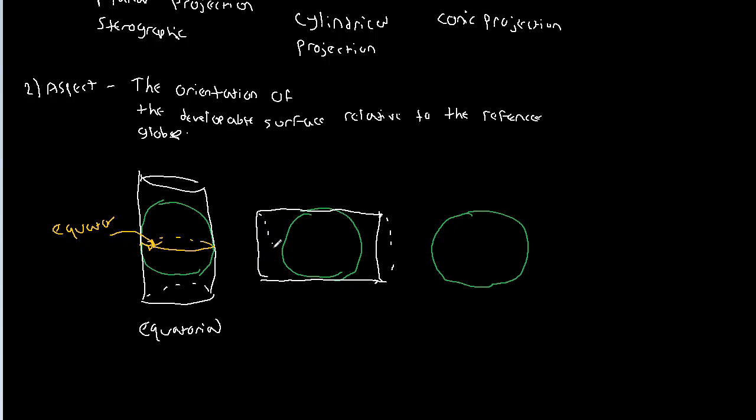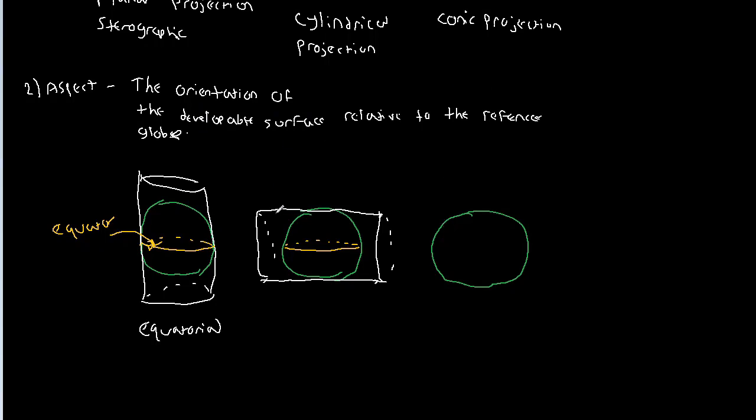Now again, this is our equator. We haven't changed the orientation of the reference globe. We've just rotated the developable surface. We've changed the orientation of the developable surface relative to the reference globe.